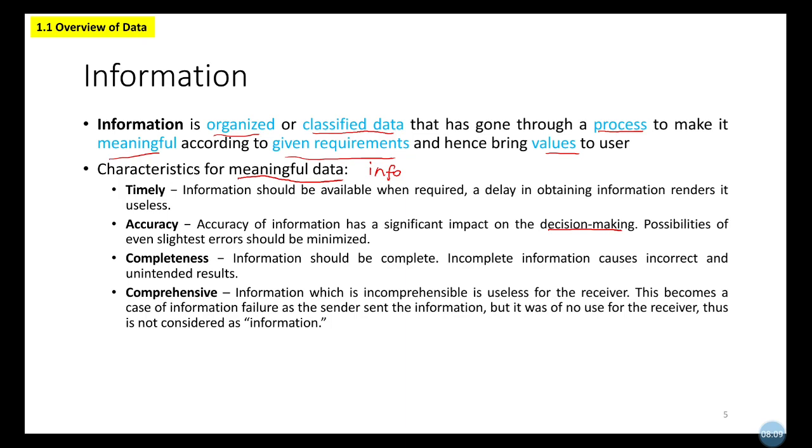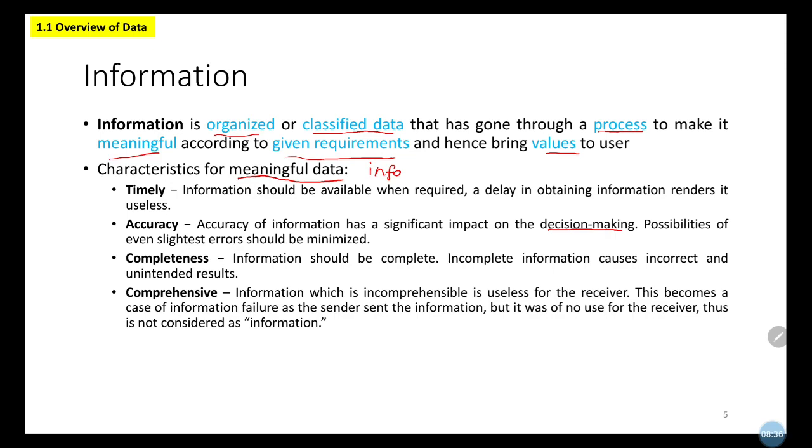If your student ID number is not complete, then the form is not completed. If it's not accurate, and I want to, for example, store your marks or your grade into this academic system, it would be an error. The information is not accurate, and it could lead to severe mistakes.